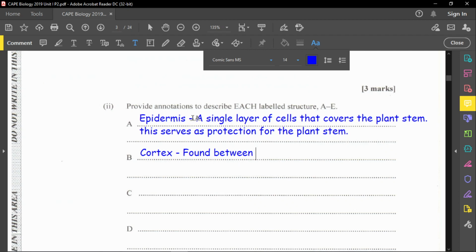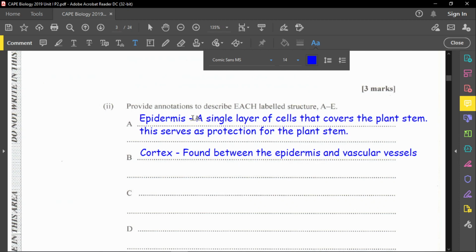It's found between the epidermis and the vascular bundle, or the vascular tube, or vascular vessel. All right, so that's where it is found.